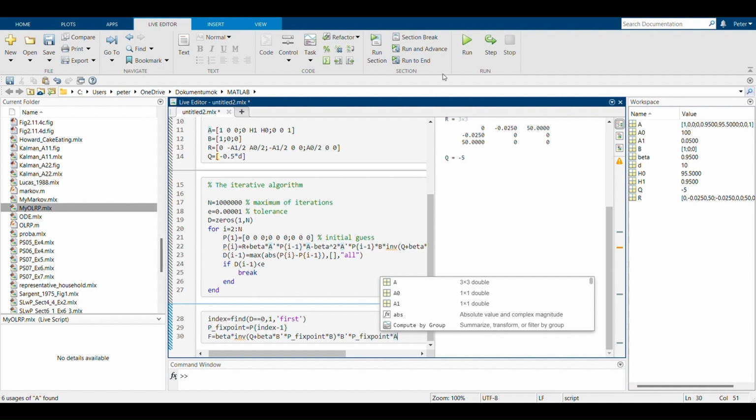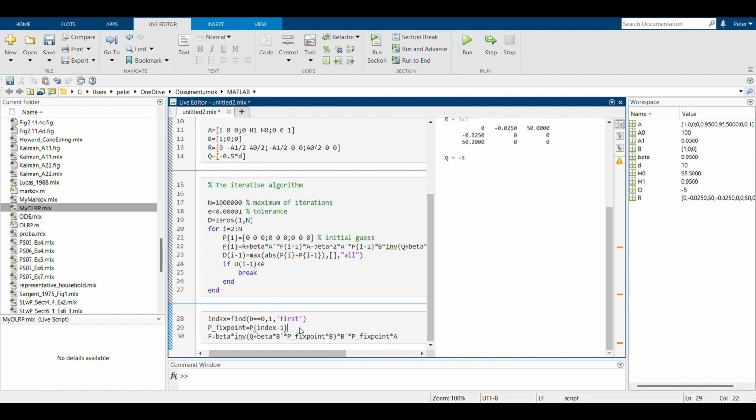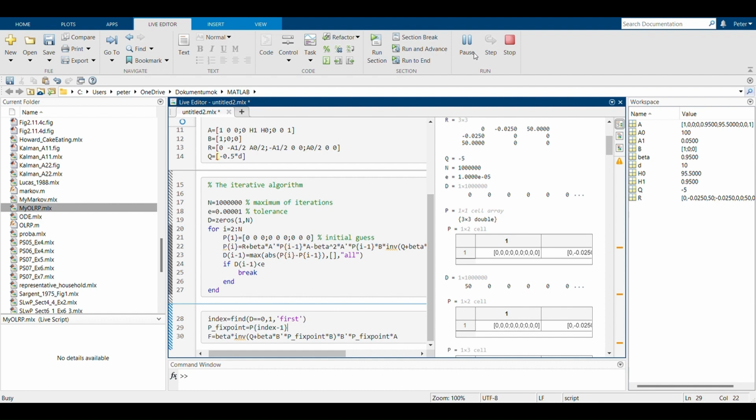Okay, fingers crossed. Let's run the application. It seems to be working. It takes a couple of seconds to get to the solution, which hopefully is going to be the solution we are waiting for.